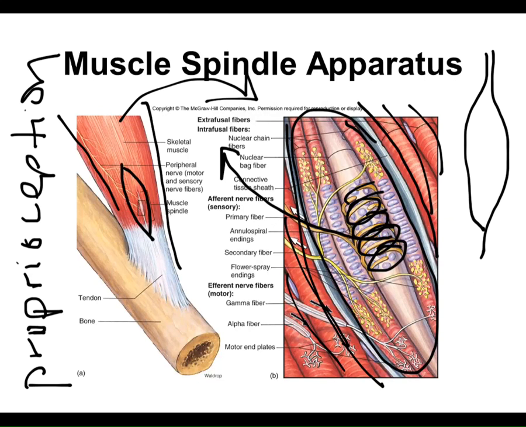That term is a big word that means that our body is aware of its position. You can close your eyes and you know that you're sitting and you know that your elbow is at 90 degrees. You just know it. You have this sense of proprioception. Why? Because some of these muscle spindle fibers are reporting back to your brain and are saying to you, oh, your muscle is partially contracted and is at a 90-degree angle. So you're aware of these things through some of these muscle spindle fibers.